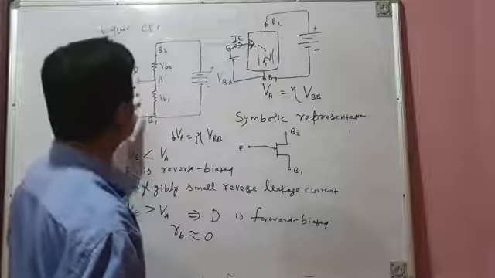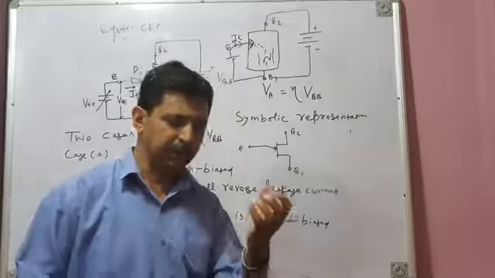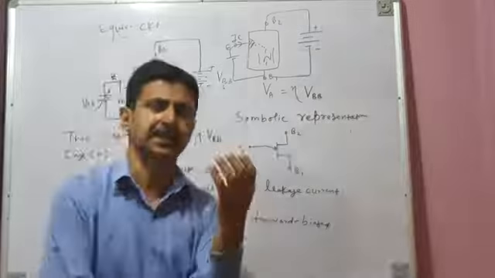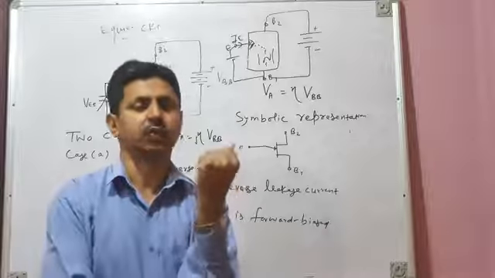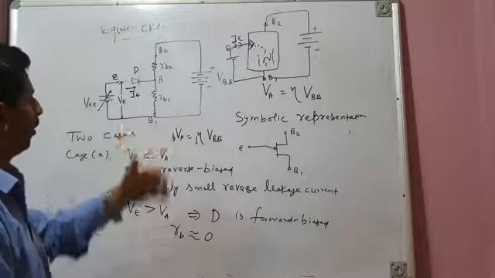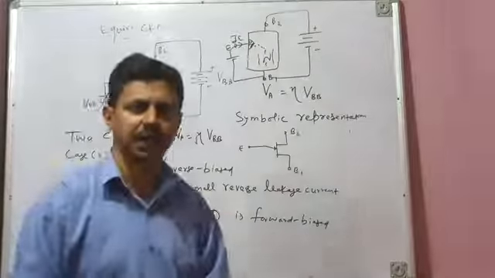And then a very large current will flow, and to limit the magnitude of that current, you may have to put some extra resistance. So this explains the principle of operation of a UJT, how it goes into conduction.